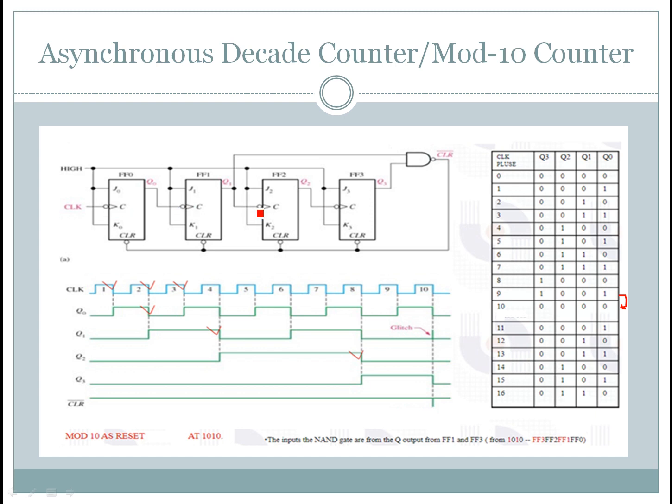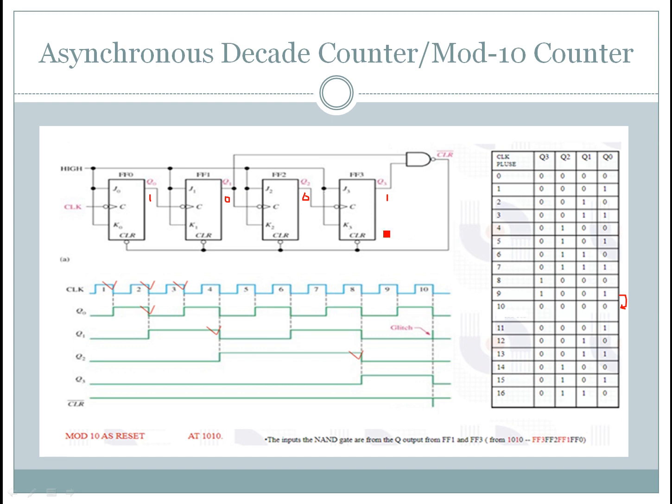The working is similar to what we discussed in the 3-bit asynchronous counter. So let's see what happens after 1001. Here Q3 is 1 and the rest are 0, 0, 1.